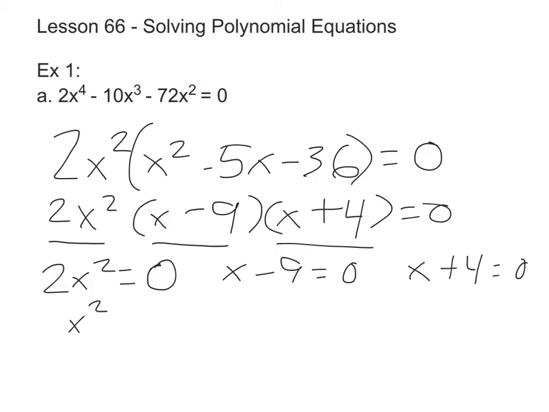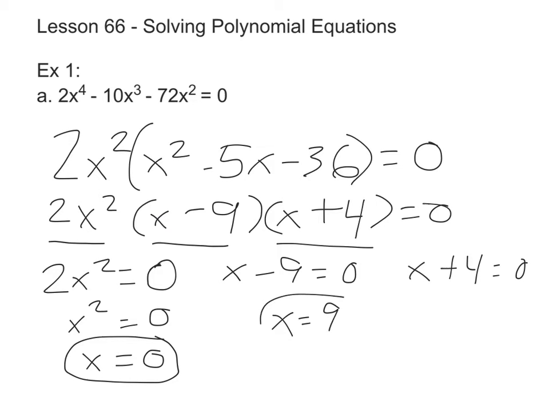So we would get x squared is equal to still 0. And then if we take the square root of both sides, the square root of 0 is simply 0. So that always works out nicely if you have 2x squared equal to 0. x minus 9 gives x is equal to 9. x plus 4 gives x is equal to negative 4.